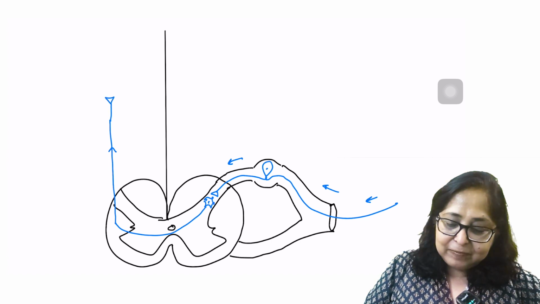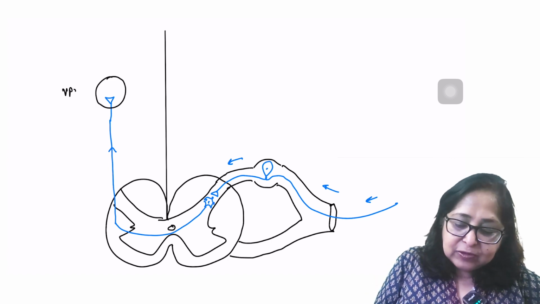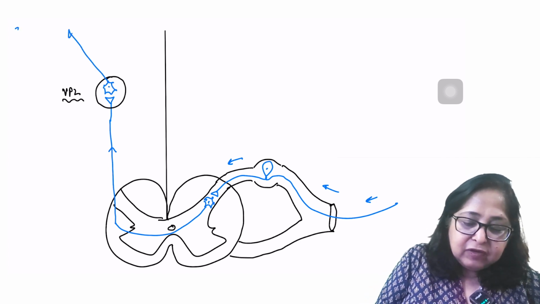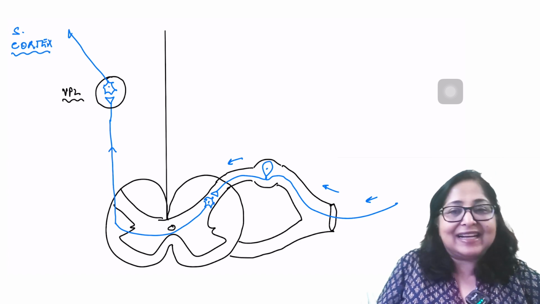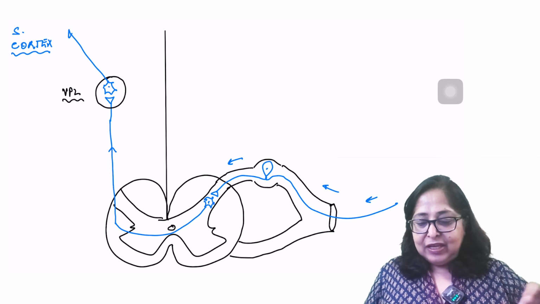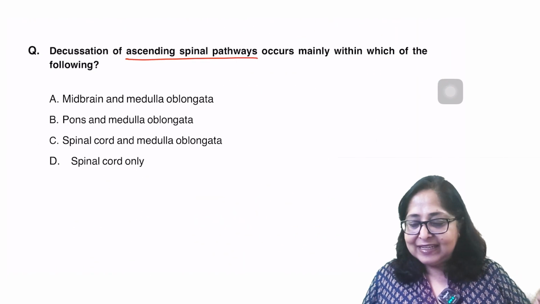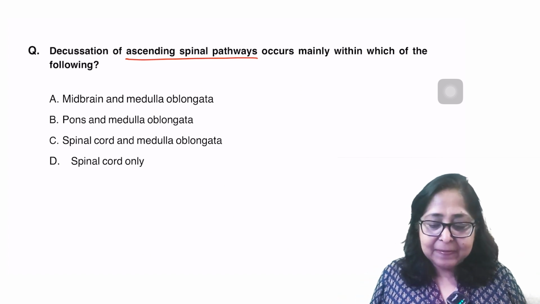It synapses with the thalamus. Which nucleus of the thalamus? Ventero-posterolateral nucleus. And from here arises the third order sensory neuron, which goes into the sensory cortex. So if you look at this question, where does the decussation or the crossing take place?